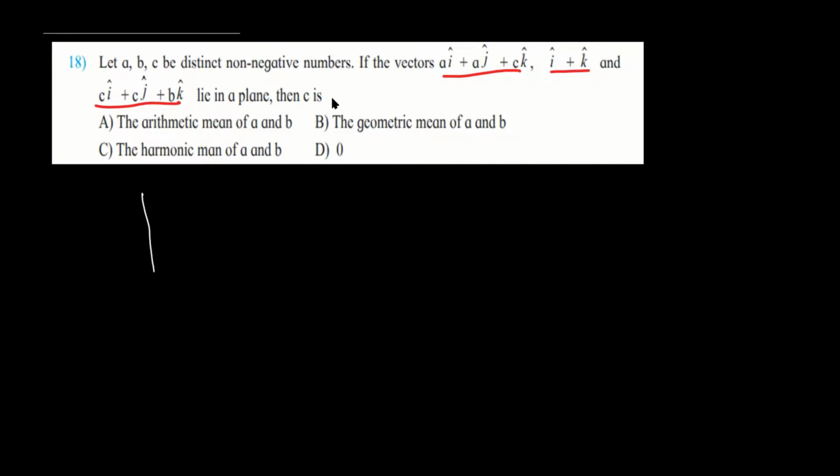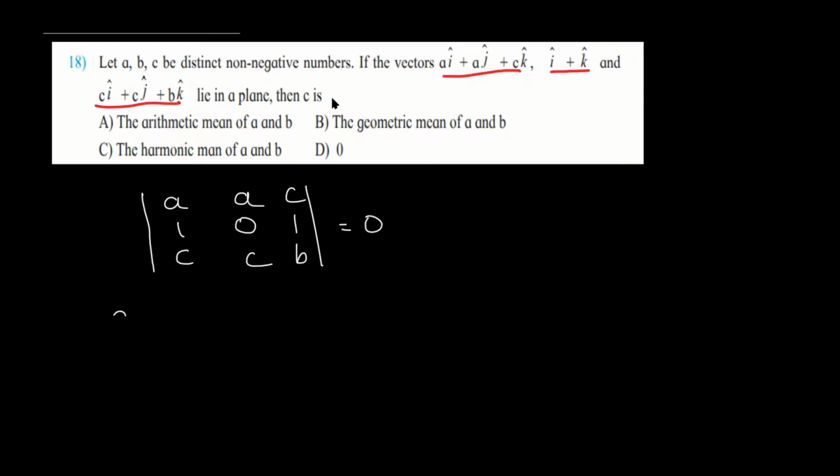That is, the coefficients from ai plus aj plus ck, we write a, a, c as the first row of the determinant. From i plus k, we have 1, 0, 1. And for the third one, we have c, c, b, equal to 0.